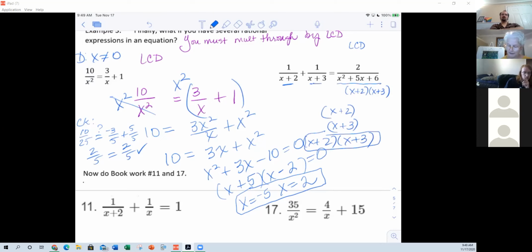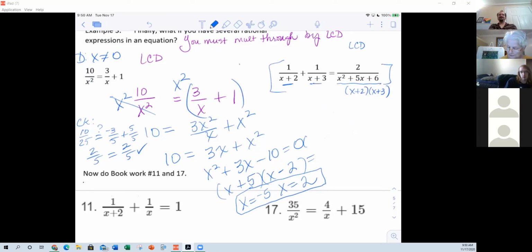And I'm going to multiply everything through by that, x plus 2, x plus 3. So that will give me, on this first one, if I multiply by 1, that gives me x plus 2 times x plus 3 over x plus 2.